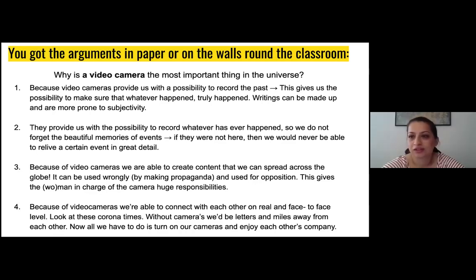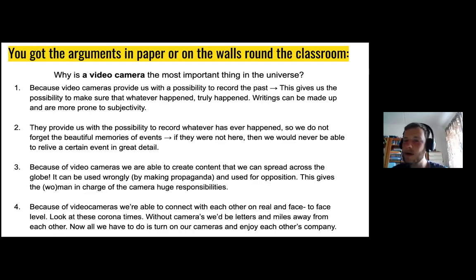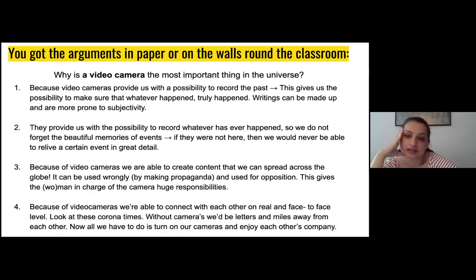No, I wouldn't say that the video camera is really the most important thing. To be honest, there are a lot of things that could be more important than video. Okay, and so why? So you think there are things that are more important in the universe? Yeah, all of this that is mentioned here is positive, and also we could live even without a video camera.